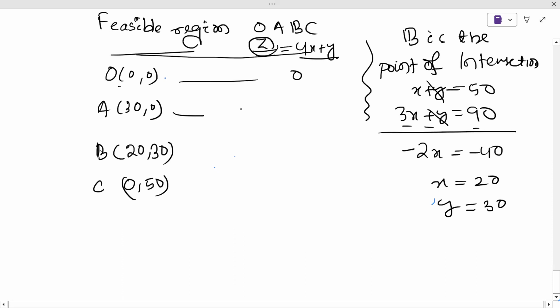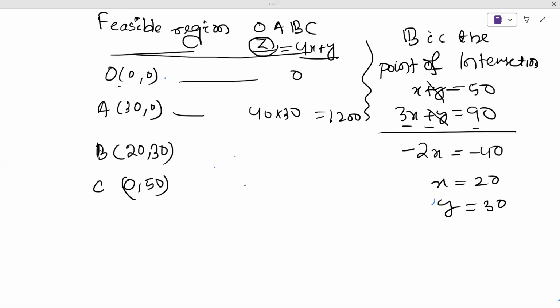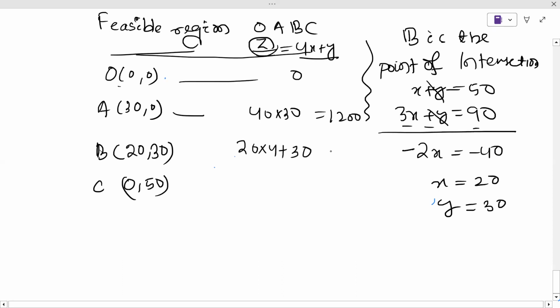Next, at x equal to 30, Z is 4 into 30, that is 120.